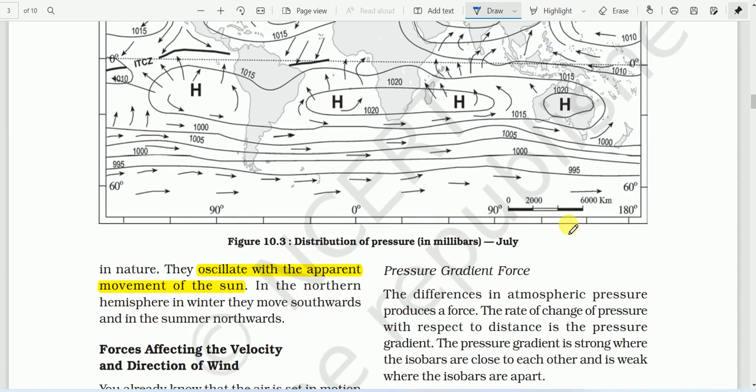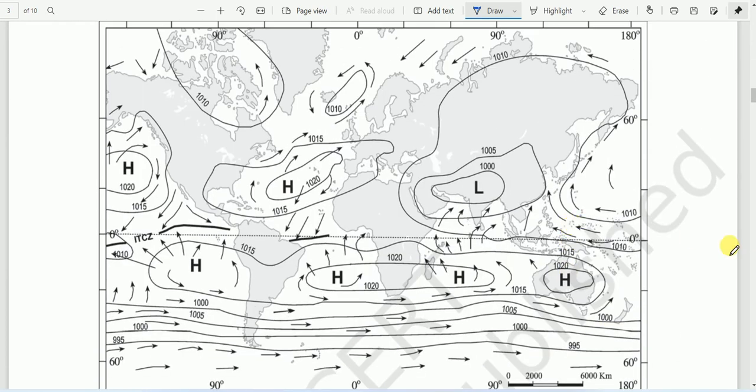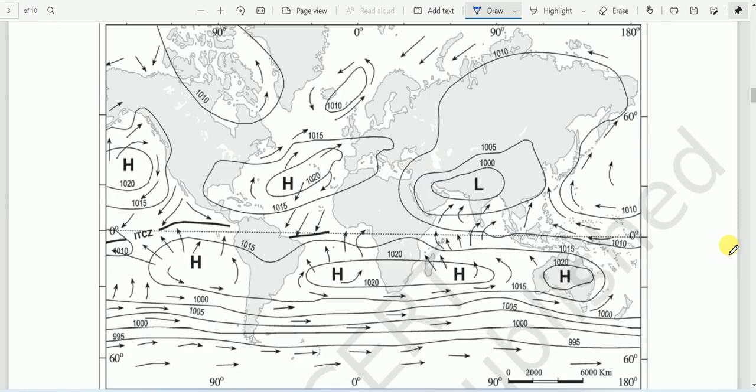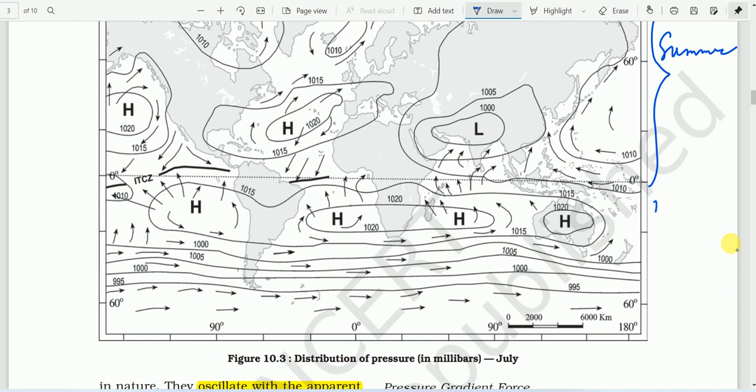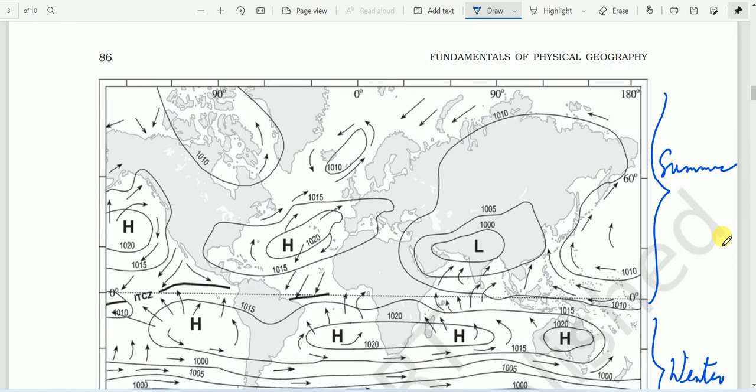And likewise, this is the pressure condition in the month of July. So in the month of July, the northern half is in the summer season, and the southern half is in the winter season. And see here, in the summer season, you will find low pressure over the continents and high pressure over the seas.